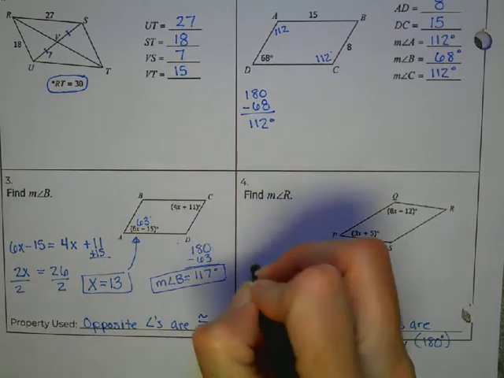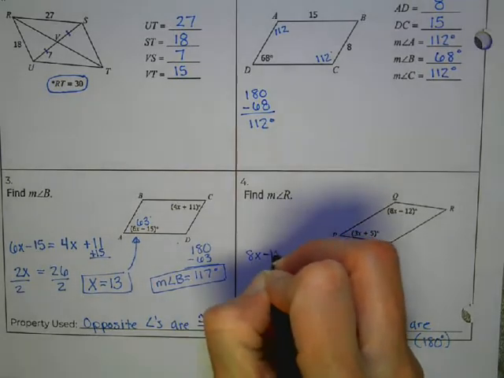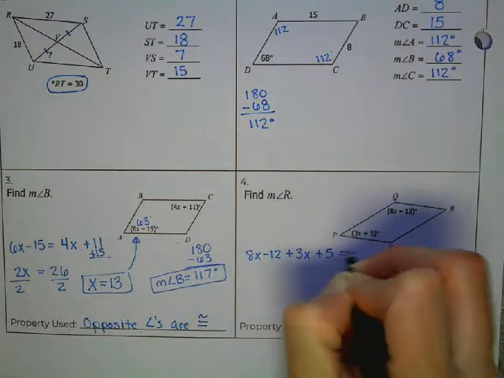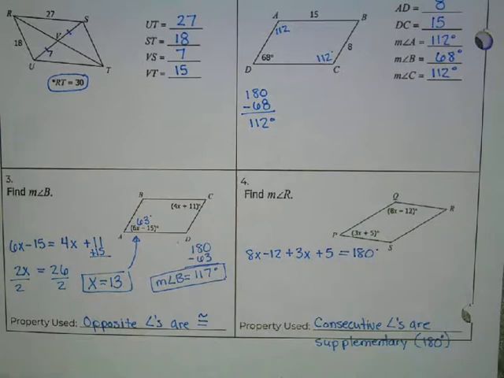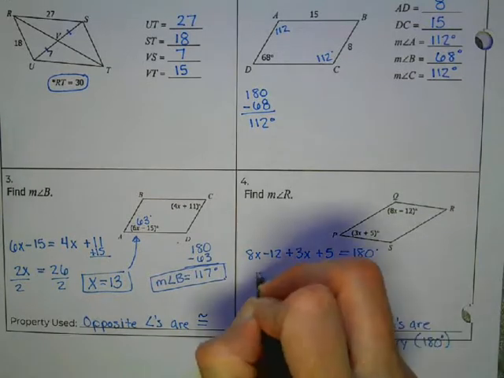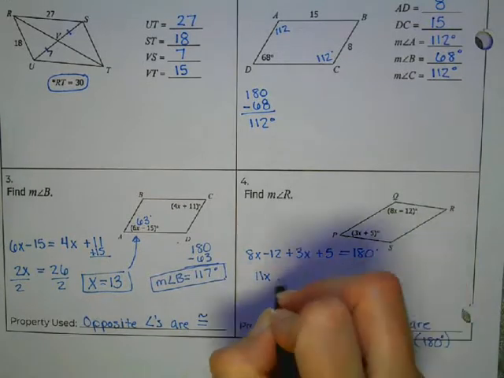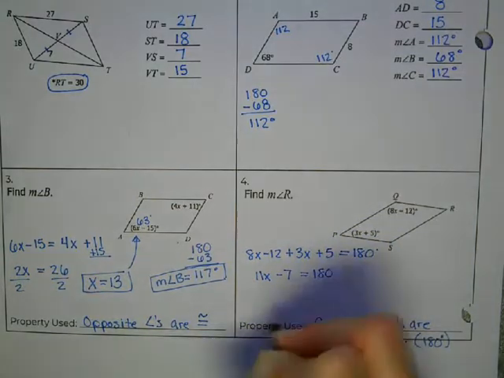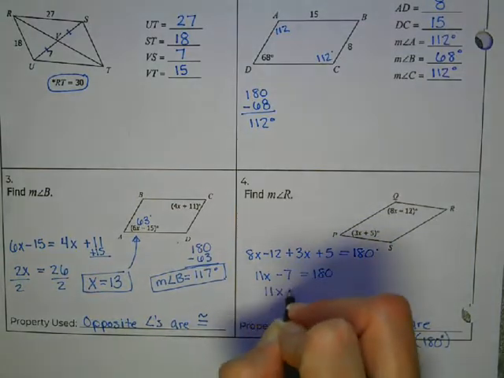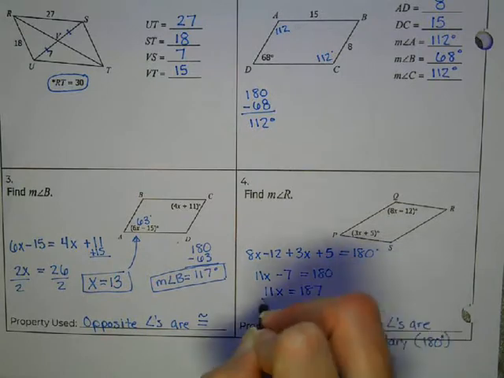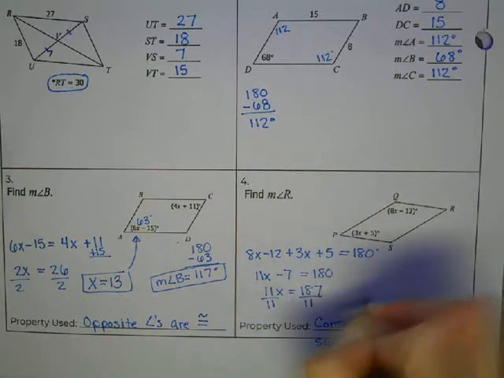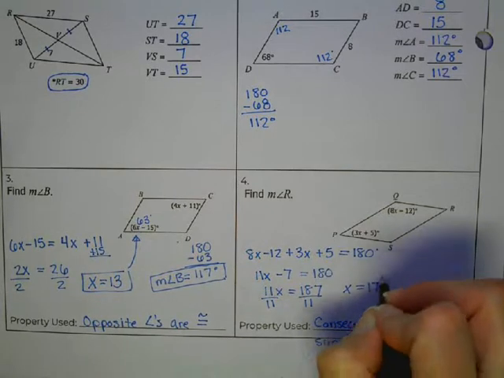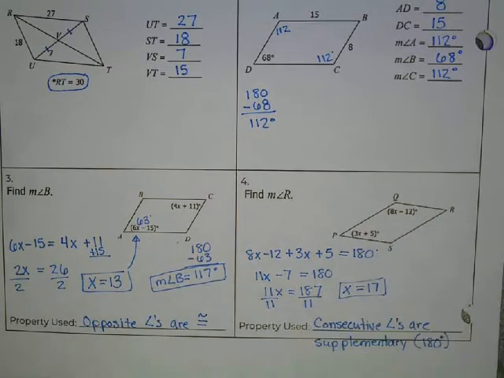So we're going to add these two together instead of setting them equal. And combine your like terms, you get 11x. Negative 12 plus 5 is negative 7. Add the 7 over. 11x would equal 187, and now we're going to divide by 11. So x equals 17.